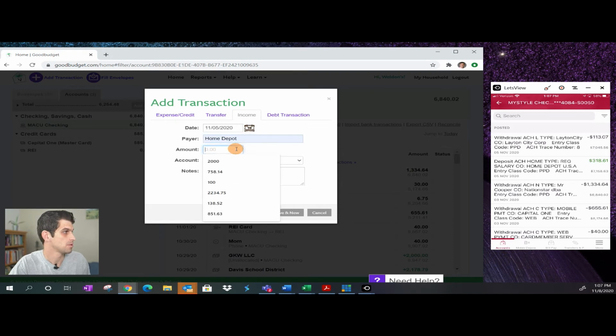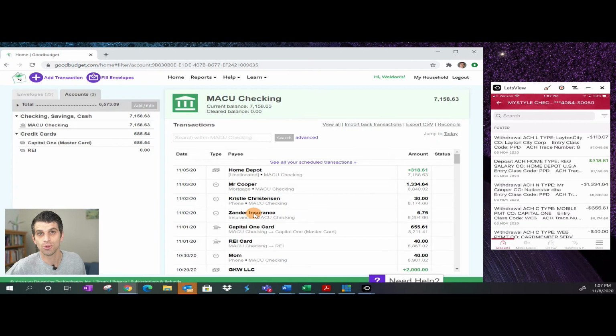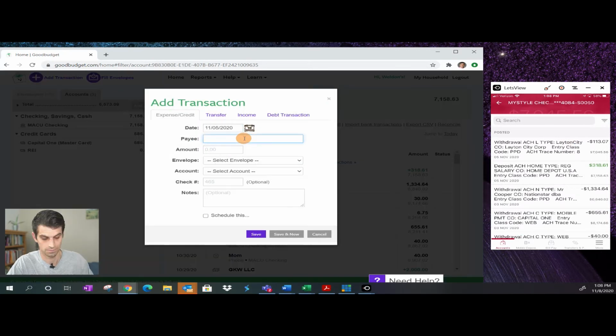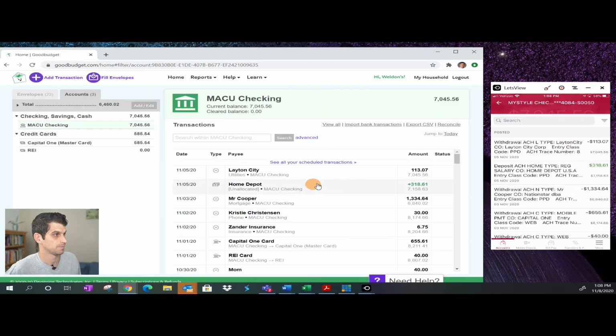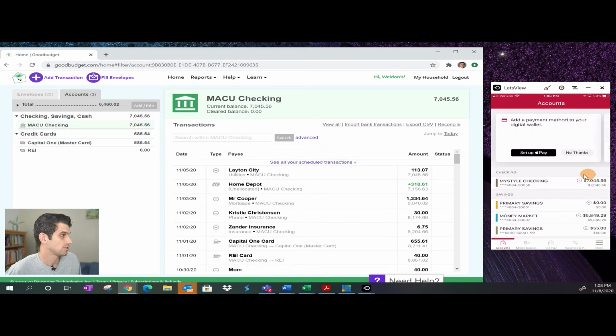Home Depot, 318.61. We'll put that in the checking account. And that will just go in unallocated in preparation to be budgeted next month, so in December. And with that, you can see my total in my checking should now match there.